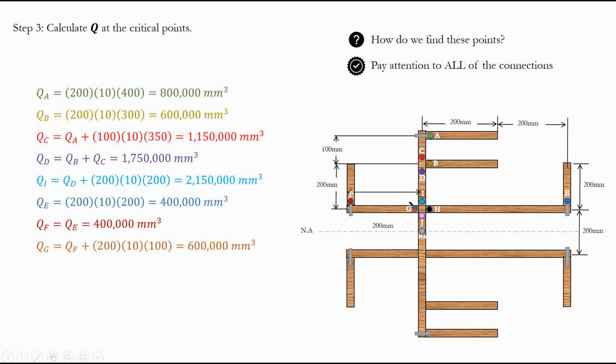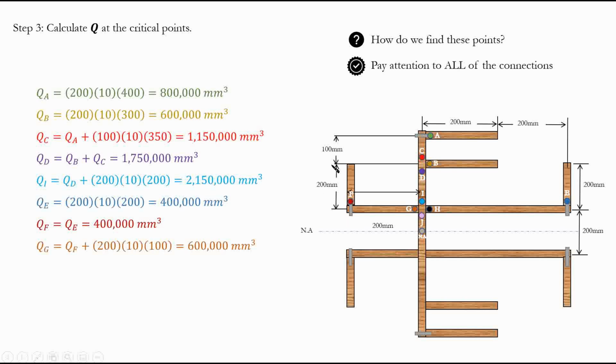What about QG? For QG, we ask what area is going to be considered here. This area. Why? Because if this is a hinge, this area is going to fall off. In other words, it's whatever is beyond this point G, which is this area. So what is the Q for this area?